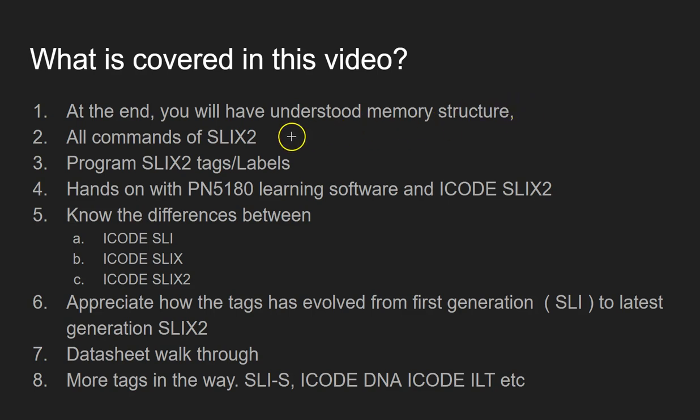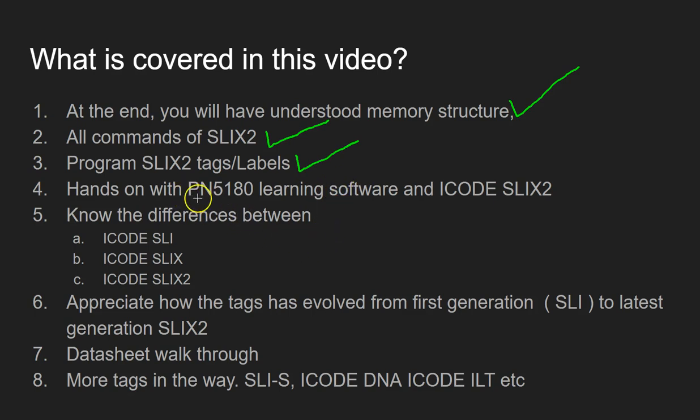As usual, the first thing we do is understand how the memory is organized in this tag. We're going to go through all the commands of SLIX2 and you're going to learn how to program these tags, how to send various bits and bytes of these commands.